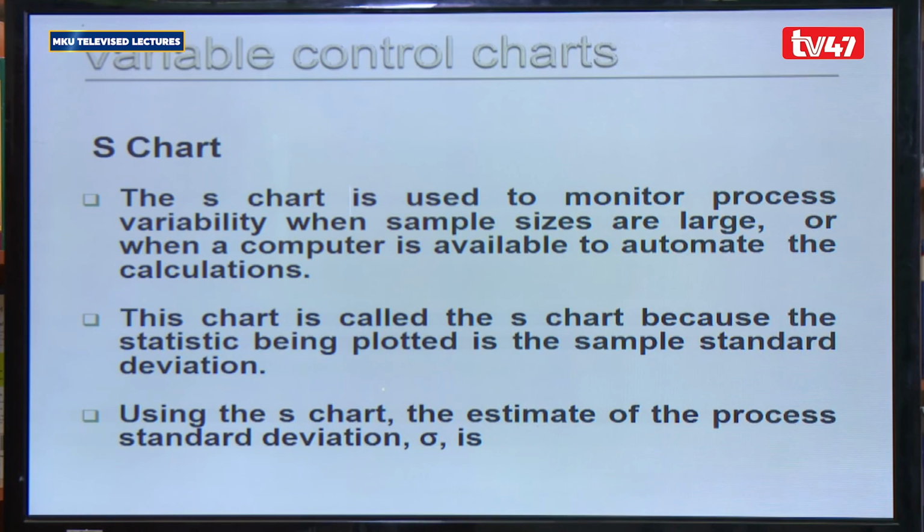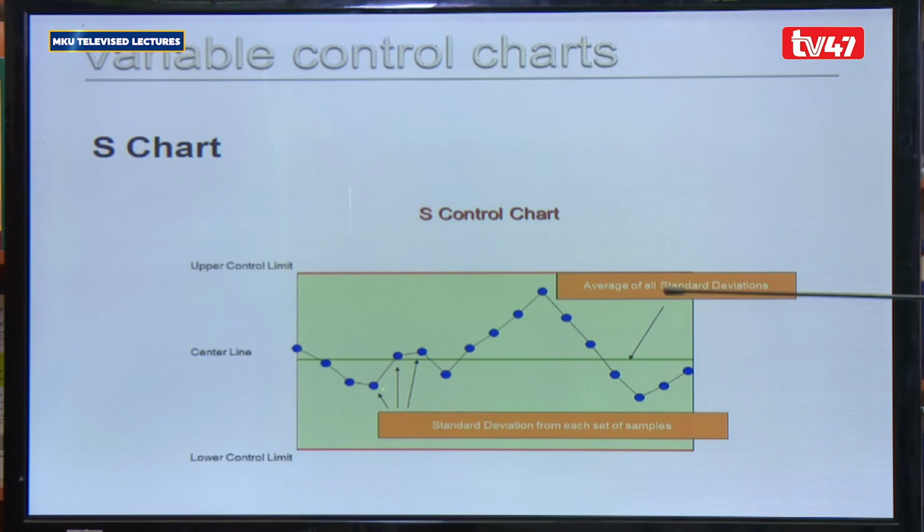So using the S chart, the estimate of the process standard deviation sigma is obtained, which will help us to get the upper and the lower control limit. Note that this one gives us the average of these individual points obtained from the samples, and the dot shows the standard deviation from each of the samples used.